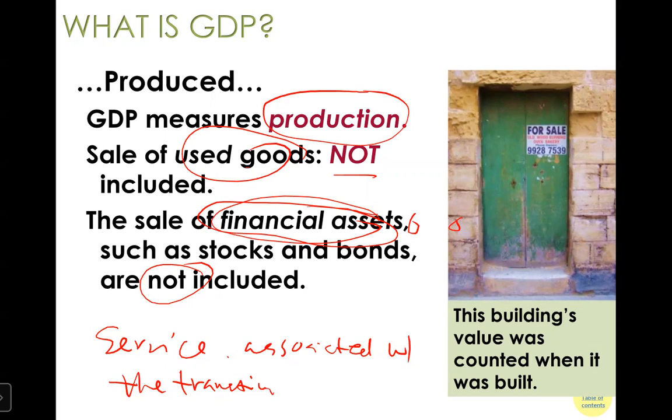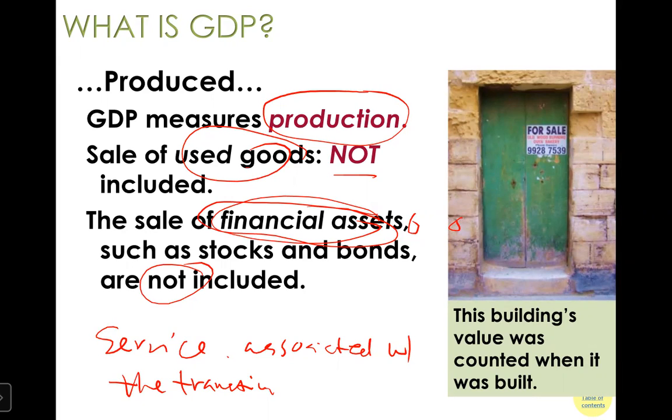Is that clear? These are two different things. In the first example, the value of the house will not be included this year, but the service the agent provides, which usually shows up as the commission fee, probably like 6% as I said in the first class, is the value created by the agent.